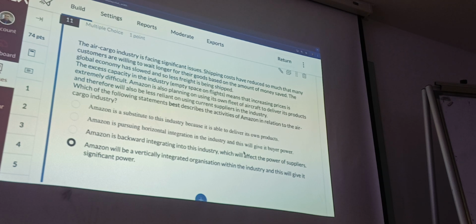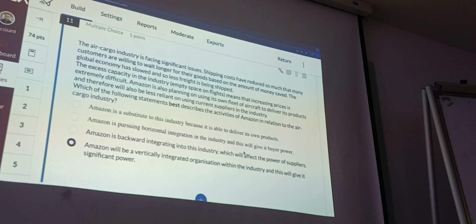Amazon is also planning on using its own fleet of aircraft to deliver its product and therefore will be less reliant on using current suppliers in the industry. Which of the following statements best describes the activity of Amazon in relation to the air cargo industry? Amazon is a substitute to this industry because it's able to deliver its own product.